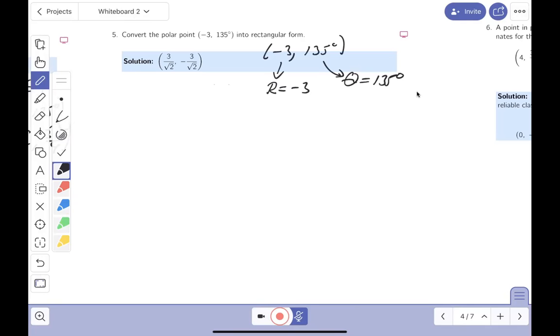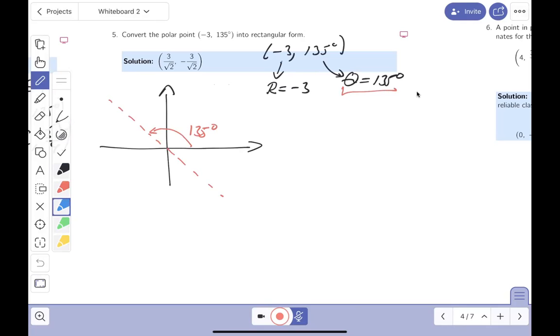The first thing I would want to do here is visualize it. When I'm visualizing things, I look at the angle first. I know what that is. This is the angle, 135 degrees. That's pretty simple. When I'm looking at that, what's the reference? 45 degrees, right?